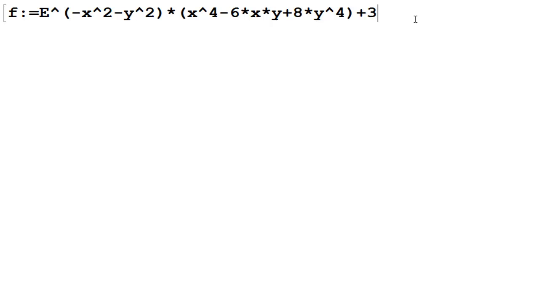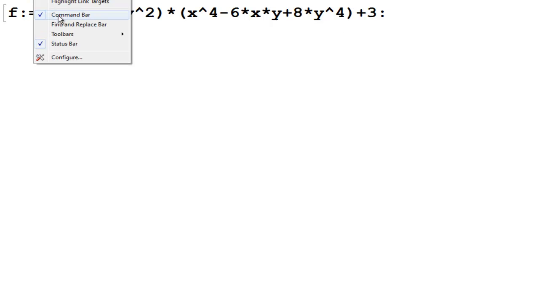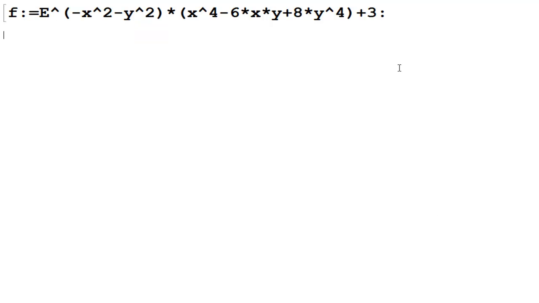I'm going to put a colon here, just trusting that I typed it correctly. And as a shortcut for obtaining everything correctly, make sure that you have enabled the command bar so that you can choose the commands mostly from the menu. All right.